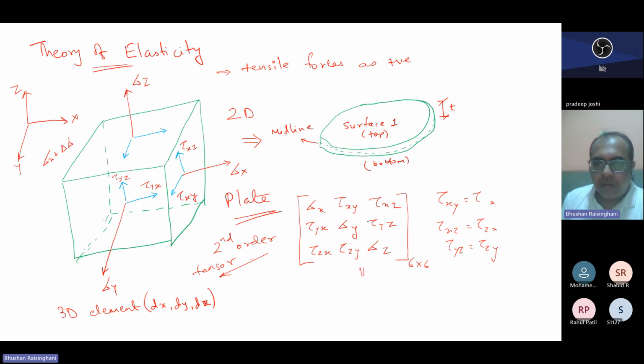So now we are converting this into 2D element in which only sigma x and sigma y is there. So tau xy, tau yx. So this is your 2 by 2 matrix that you will derive. In this also tau xy equal to tau yx. So it is symmetric about the diagonal. So this is what we are actually doing when we are using the plate element, and really a body is a 3D element, and what helps us is using the 2D element.